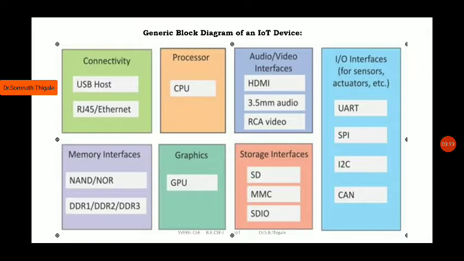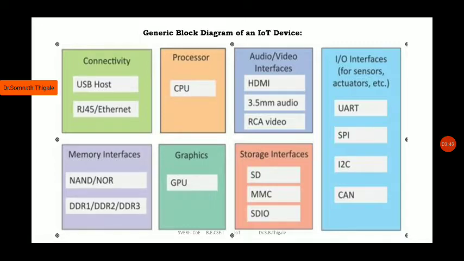Next is I2C, Inter-Integrated Circuit. Next is CAN, Controller Area Network interface. These are the ways through which you can connect to the internet. Your sensors and actuators are all connected to this interface. These are the different types of IO interfaces in IoT devices.